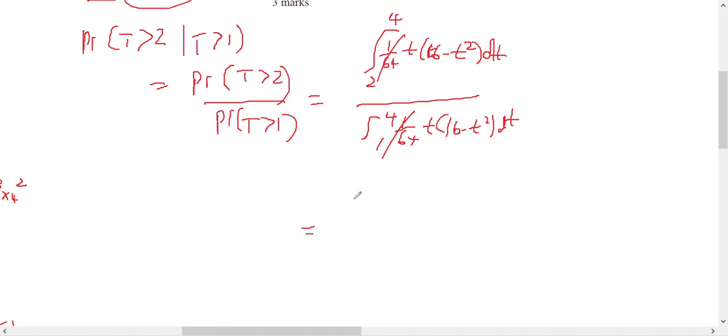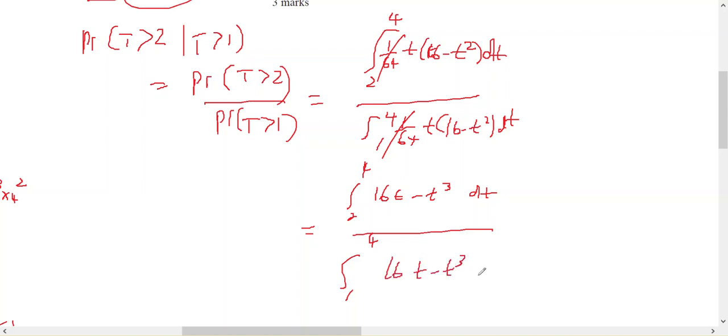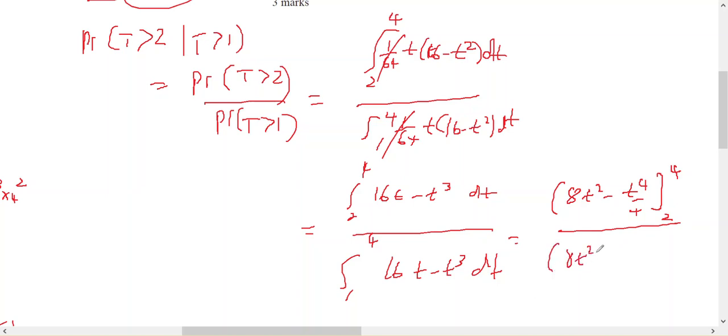So I'm going to have the integral from 2 to 4 of 16t minus t cubed dt over the integral from 1 to 4 of 16t minus t cubed dt, which is 8t squared minus t to the 4 on 4, going from 2 to 4, over 8t squared minus t to the 4 on 4, going from 1 to 4.